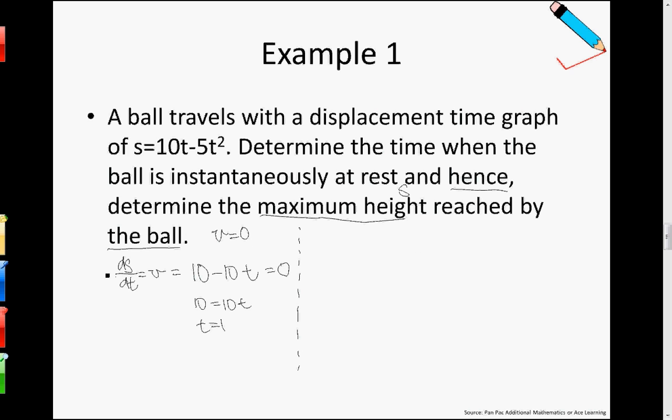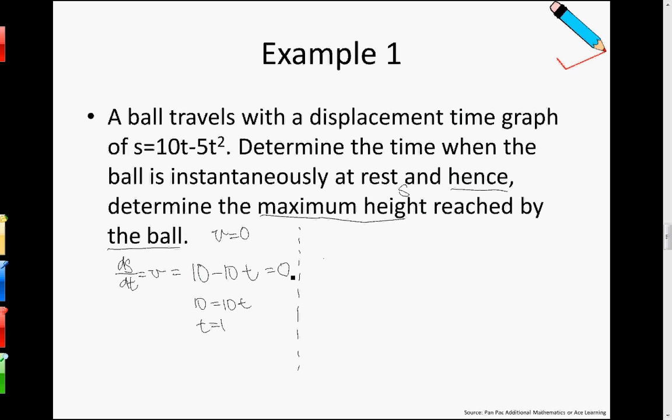However, we have already found the stationary point over here. By finding the stationary point of the ball, you are finding the point where the velocity equals 0. This gives you a stationary point, whether it be a maximum height or a minimum height. We can test it out.